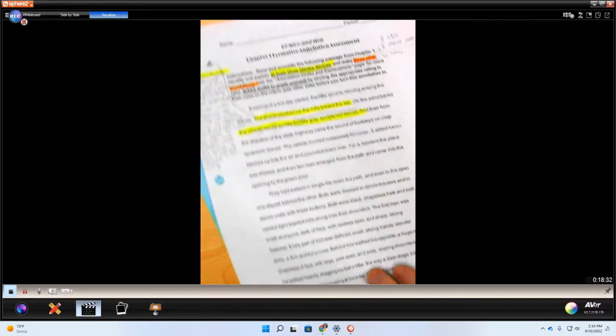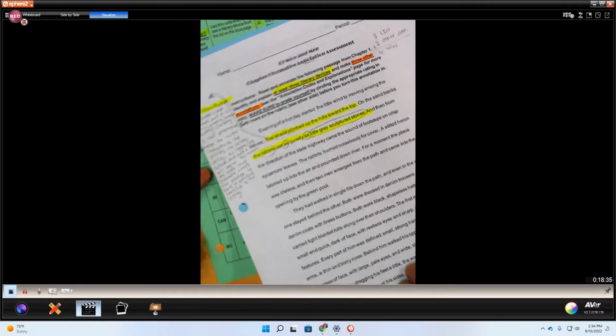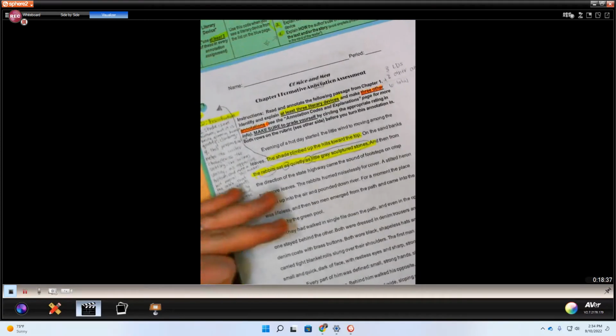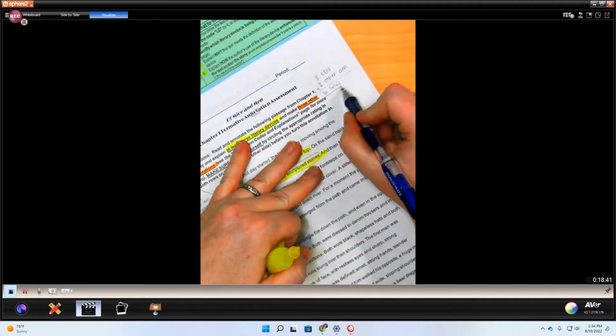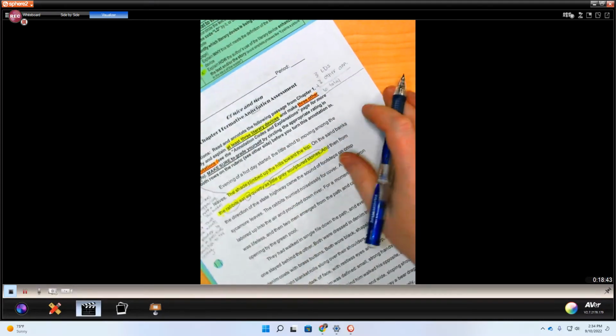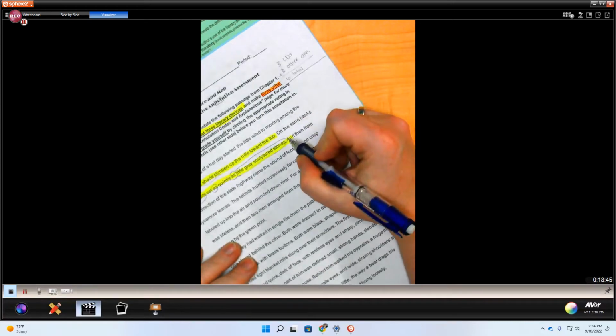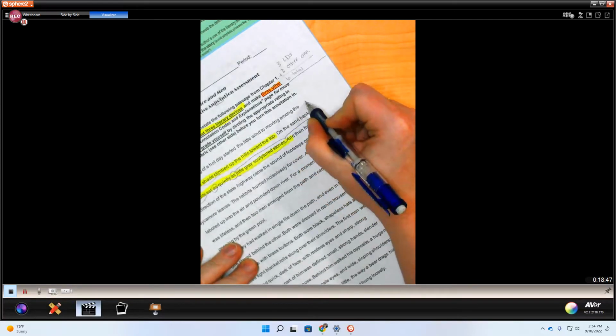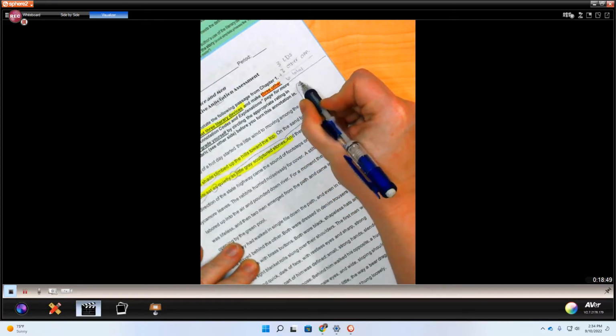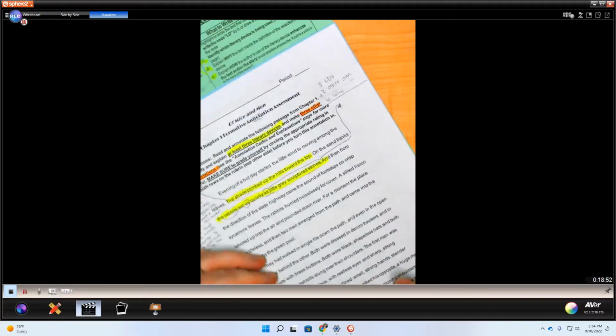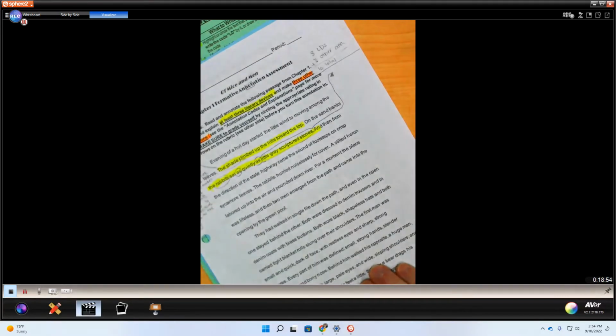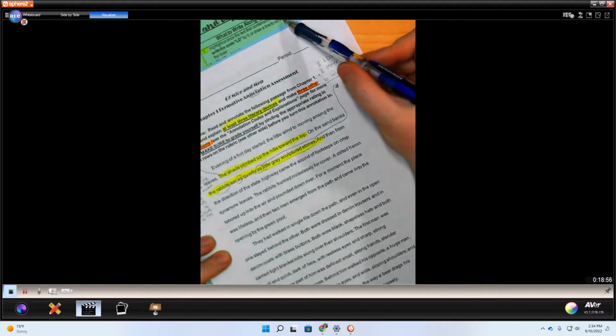So now that I've identified the literary device, I'm going to remind myself, how do I annotate that literary device? So I'm just going to draw a line here so I don't get myself confused with that little note that I wrote for myself. And I'm going to take this highlight and draw a line and an arrow so I know exactly where I am. So the first thing I need to do is highlight the text that contains the literary device.